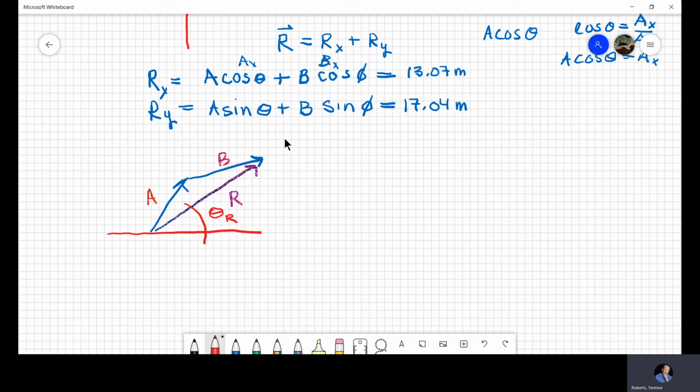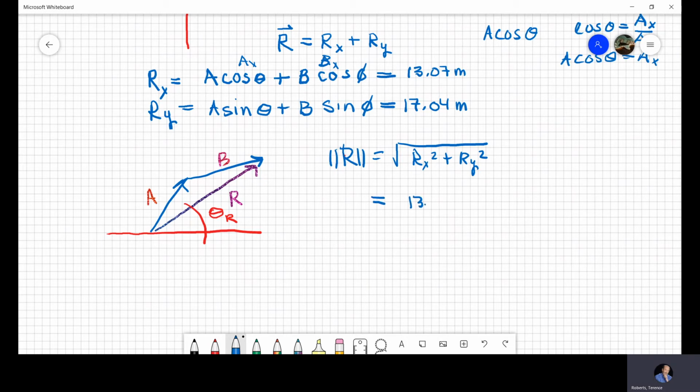The first thing is the magnitude of R is going to be equal to the square root of Rx squared plus Ry squared. And what is Rx?